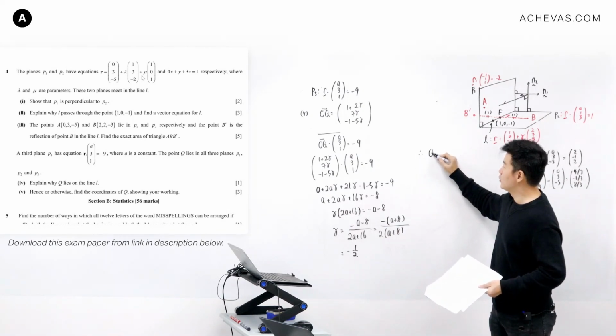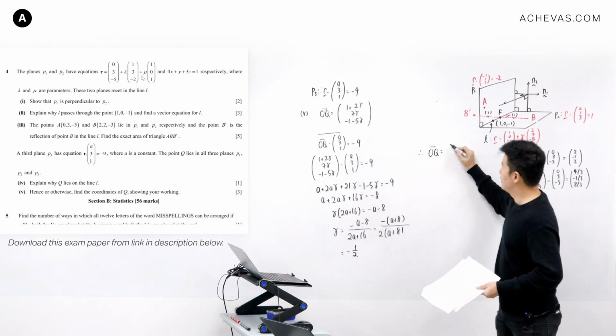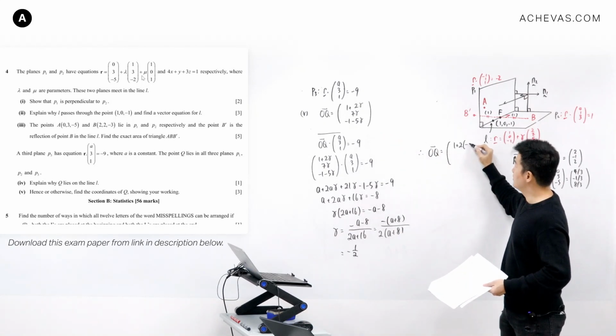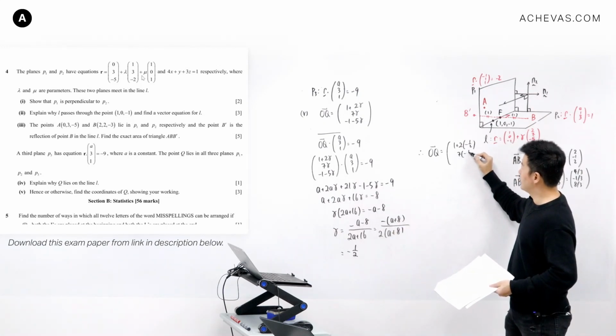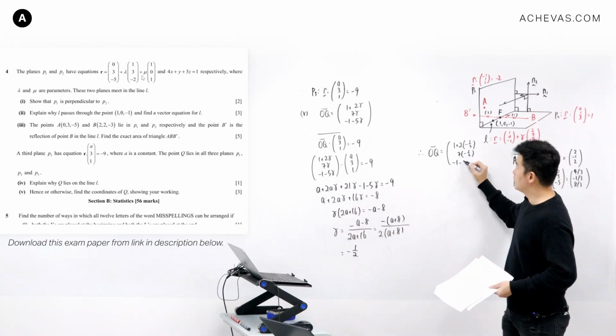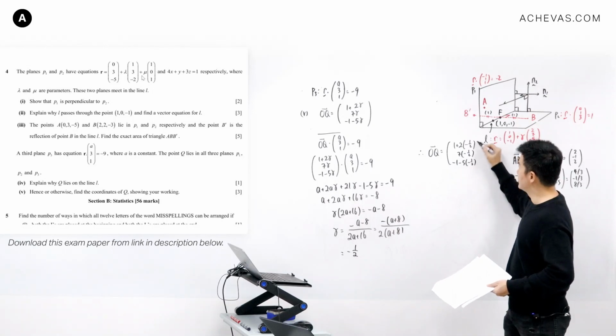Therefore, we can find Q, the position vector of Q. OQ will be 1 plus 2 times minus half, then 7 times minus half, and minus 1 minus 5 times minus half.